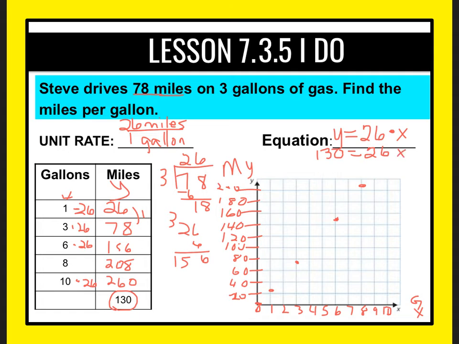Well, if I take 26 times some number of gallons, that has to give me 130. Well, what can I do? I can just divide these two. I can also divide by the unit rate in order to figure out the number of gallons. So if I take 130 and I divide it by 26, that will equal 5 gallons. So 5 gallons of gas, right, will get me 130 miles.